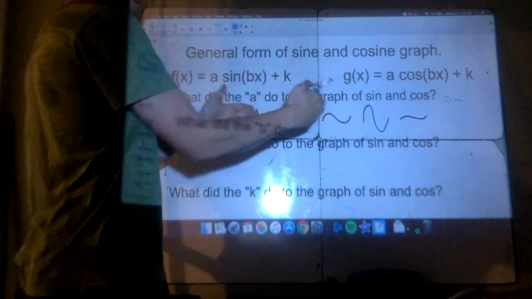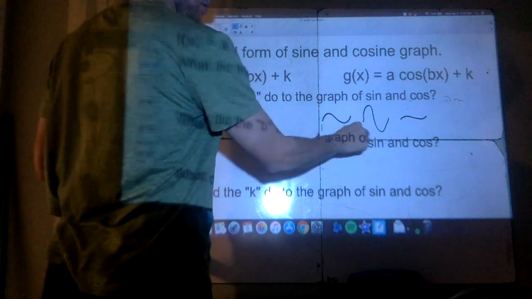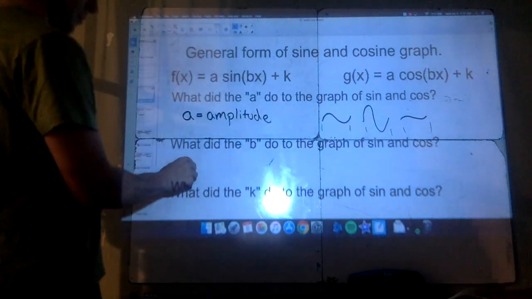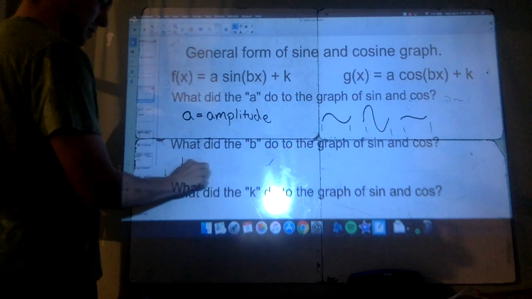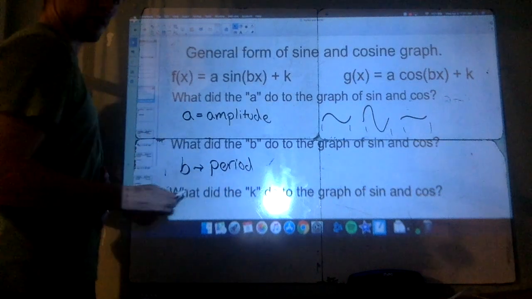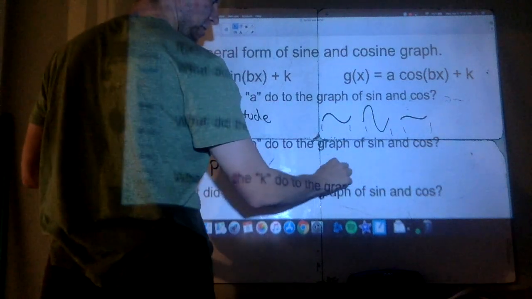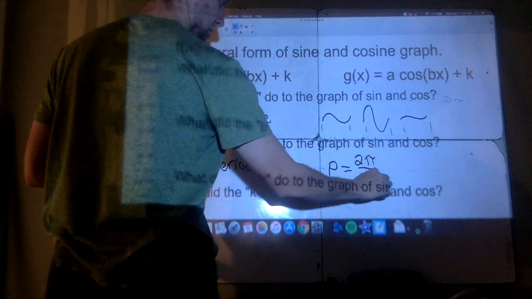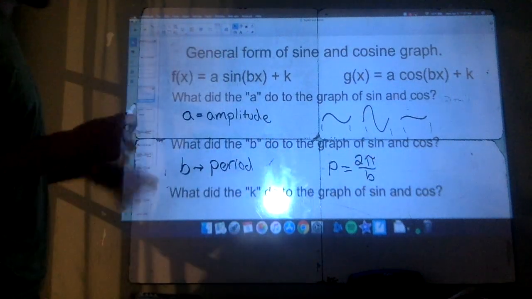It does not change the period. This period here would still be the same no matter what. So the b, this part was our b, changed the period. And our important thing there is the period equals 2 pi divided by b. So that equation we're going to need for graphing later.